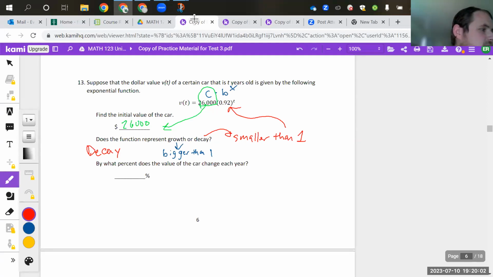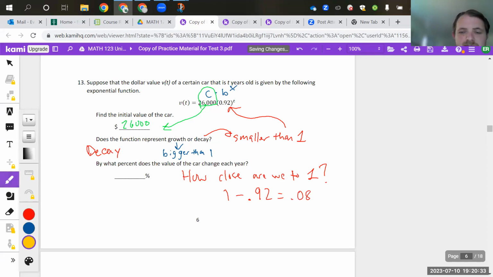And then super common mistake is people just want to say 92% because they see the 0.92. But you want to go off of 1. So it's how close are we to 1? Okay. So 1 minus 0.92 equals 0.08.